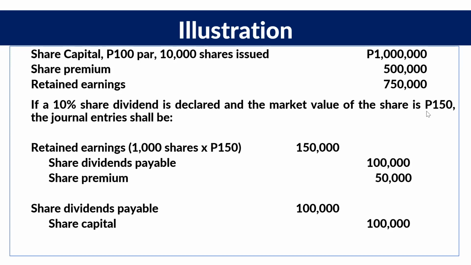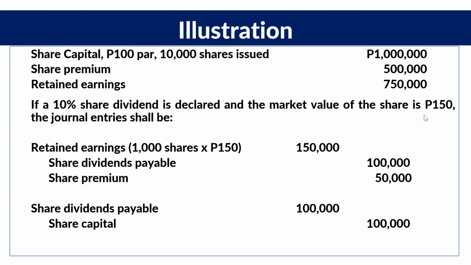So 10% of 10,000 shares issued and outstanding means they will distribute 1,000 shares as share dividend. Since this is only 10%, this is a small share dividend. And again, for a small share dividend, we are going to capitalize it at its market value on the date of declaration. So it is 150.